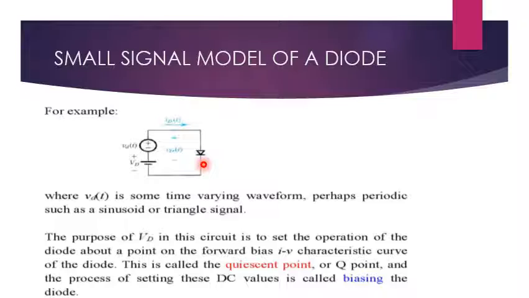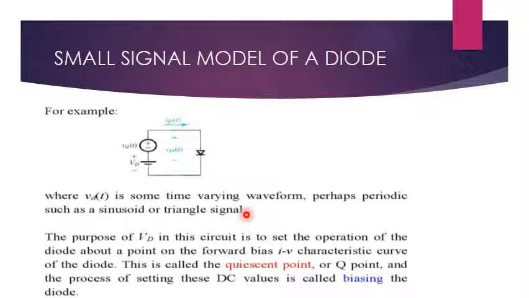Here VD is the DC source and small vd of t is the small signal. According to the small signal model, the first definition we have seen in the first slide is that we superimpose a small AC signal on a DC bias, where vd of t is some time varying waveform, periodic, such as a sinusoid or triangular signal.